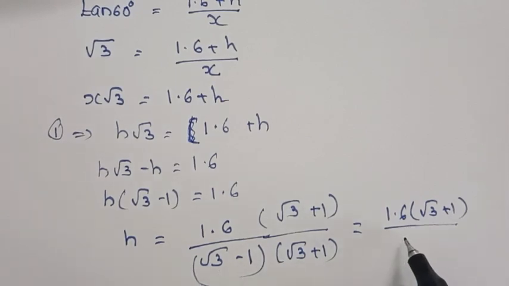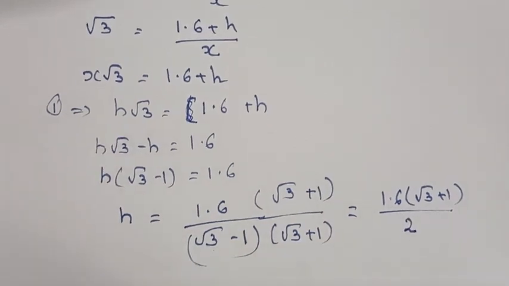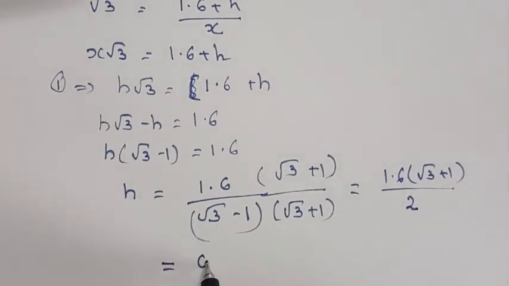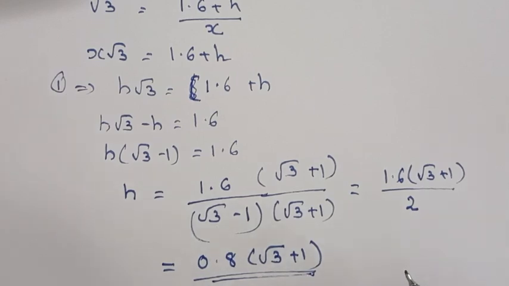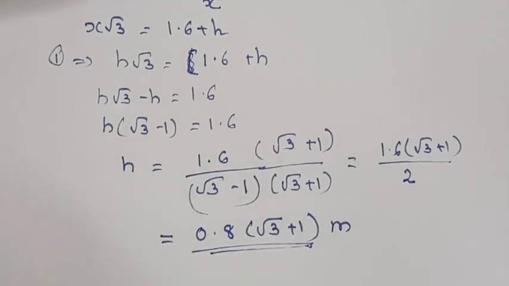Root 3 square is 3, 3 minus 1 equals 2. Now 2 and 1.6 cancel, we get 0.8, isn't it? 0.8 into root 3 plus 1. So height of the pedestal equals 0.8 into root 3 plus 1 meters.